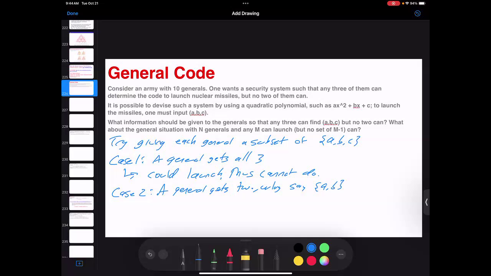Is it possible that this could work? Maybe everybody gets 2 pieces of information. Some people get 2 and some people get 1. Remember, any 3 generals have to be able to launch, but no 2 generals can launch.